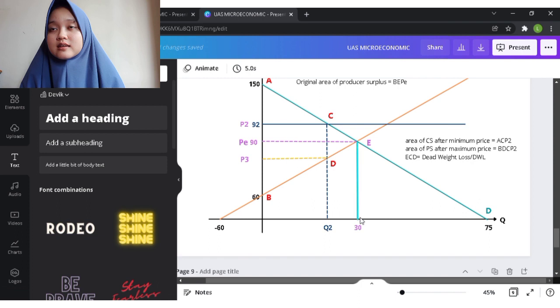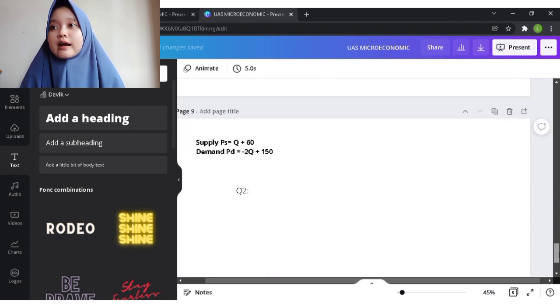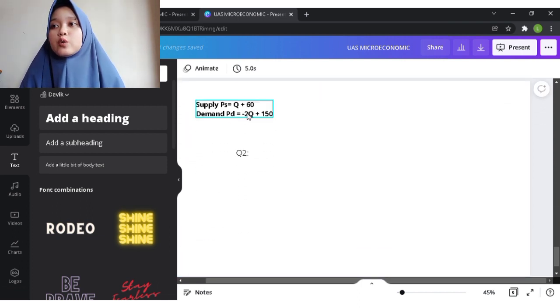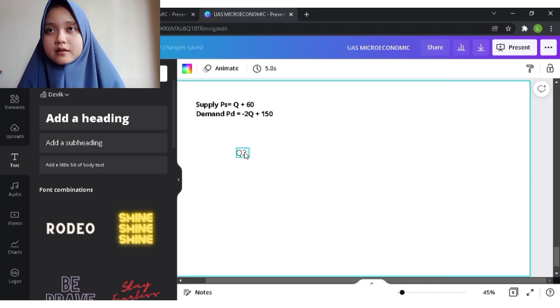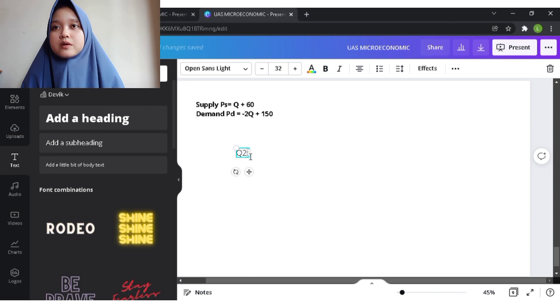So in this case, to know the number of Q2, we can use the equation of demand, which is PD equals minus 2Q plus 150.